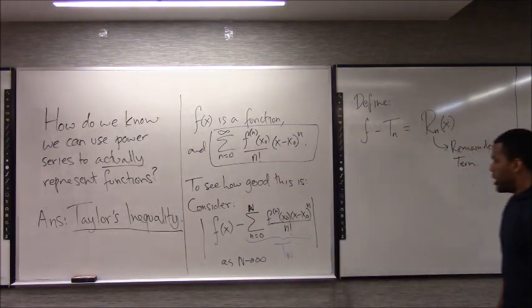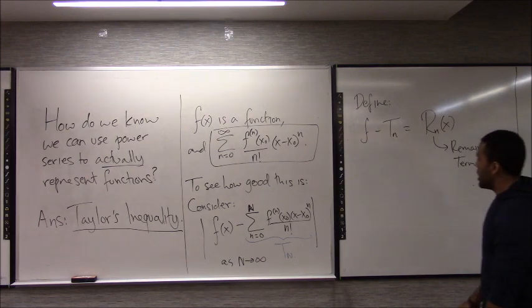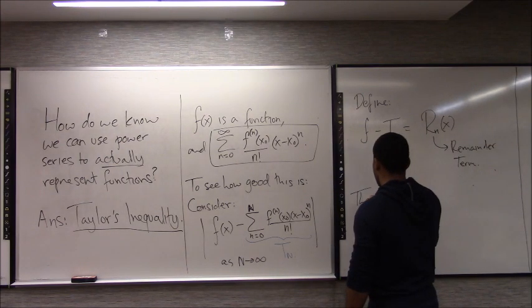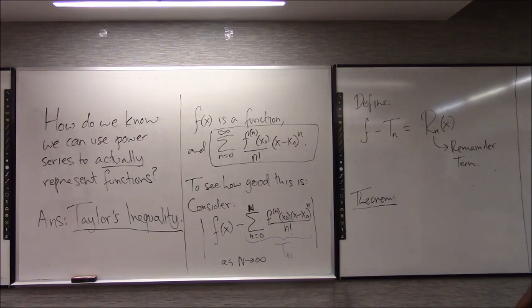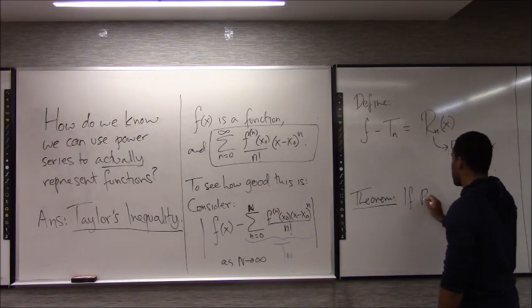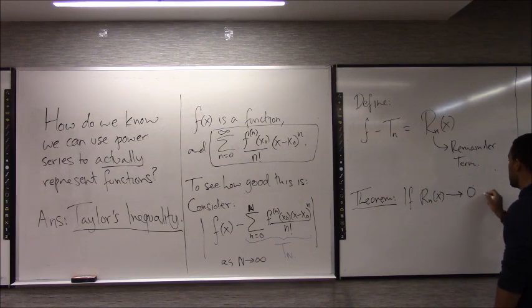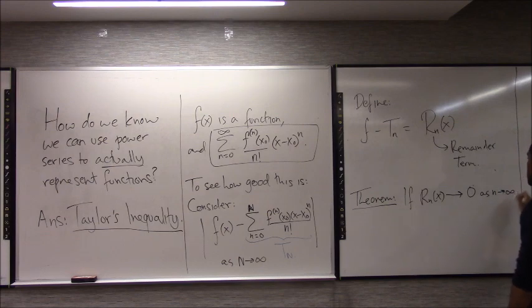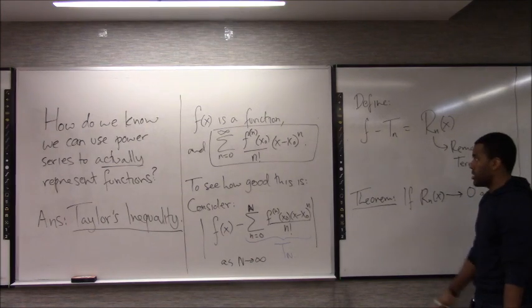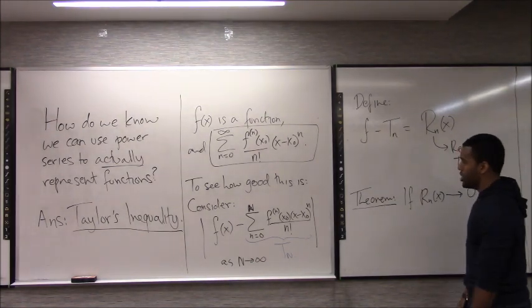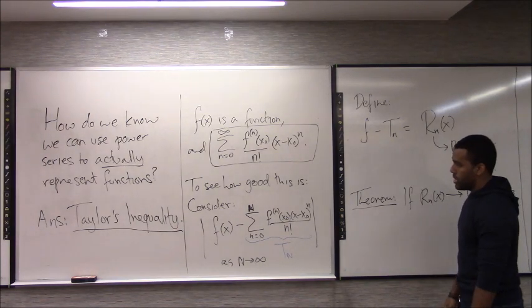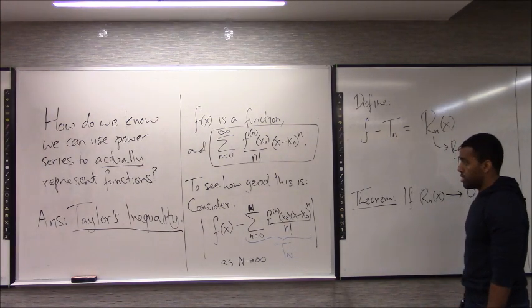And so here is basically the idea. Here's a theorem that says if the remainder term approaches 0 as n approaches infinity, meaning you start to add more and more terms, if the difference between the function and the Taylor series, because after all a function is just represented by the output values corresponding to some input values.